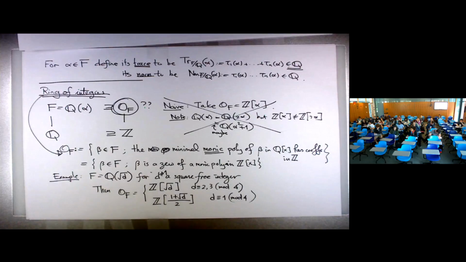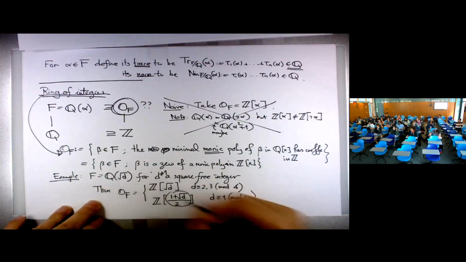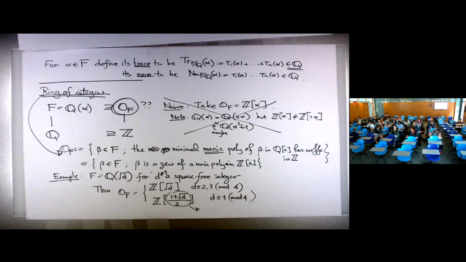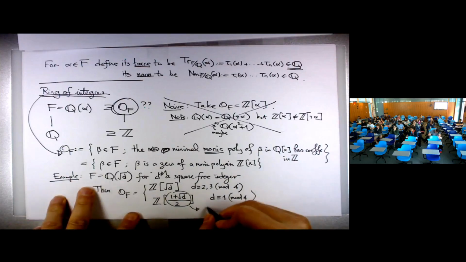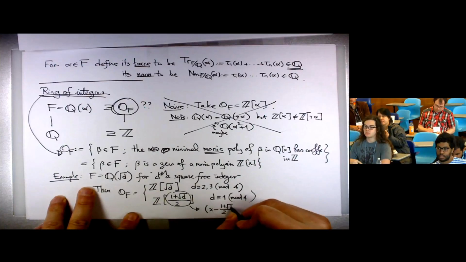Okay? So let me explain this a little bit, where this comes from. So I want to show that this is actually a zero of a monic polynomial with coefficients in Z. So why is that? Well, let's try to build one. So I can do this, right?